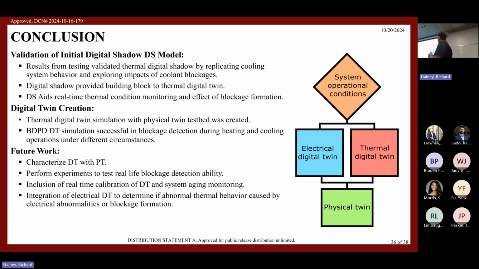And we're still working on incorporating the actual automatic changes that the digital twin can apply to the physical twin, how it can interact and change systems within the physical twin to help mitigate our blockage scenario.